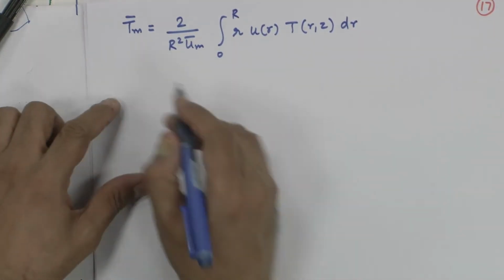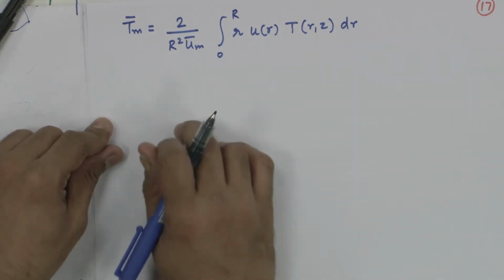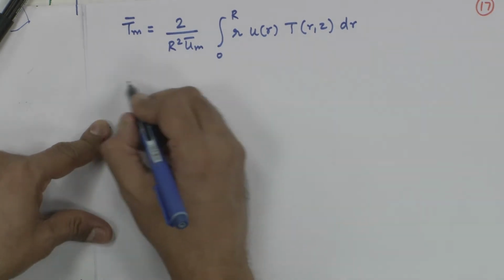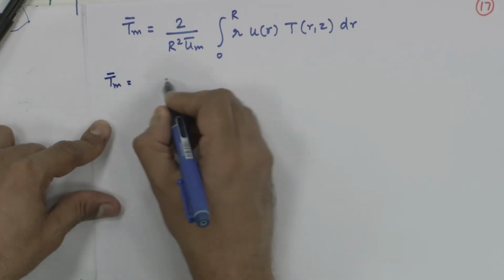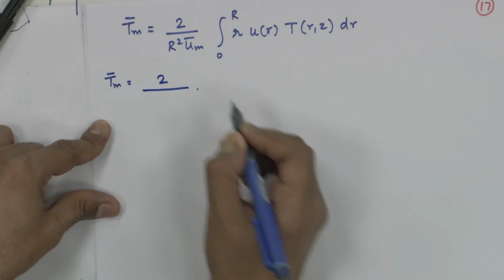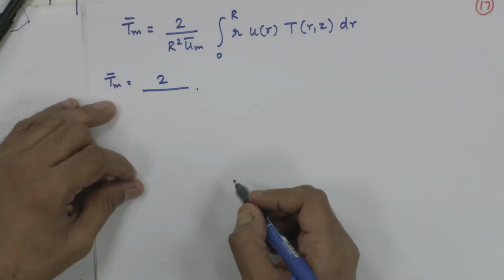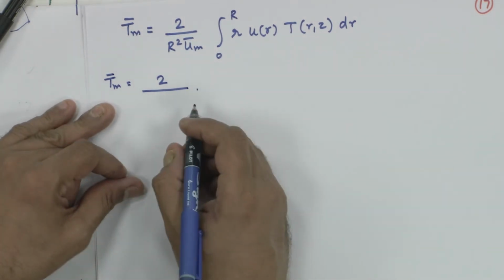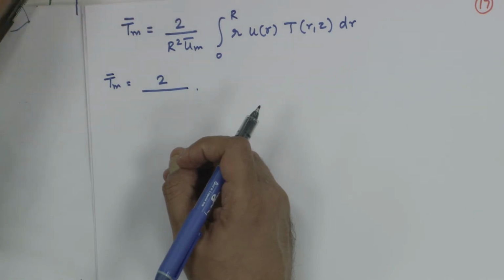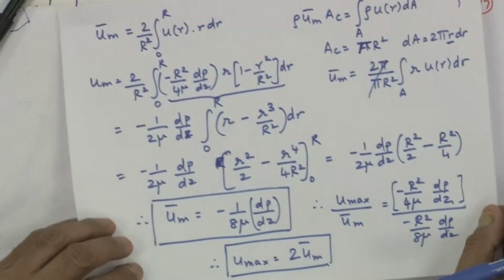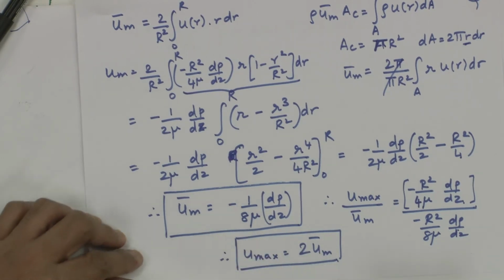So, this I substitute, I just show the substitution, I will leave the maths for you to work out. So, T bulk mean therefore comes out to be, T bulk mean is equal to 2 over R squared bulk mean velocity. What is bulk mean velocity? You have an expression for the bulk mean velocity in terms of the pressure gradient, etc. So, this is the bulk mean velocity 1 by 8 mu dp by dz.